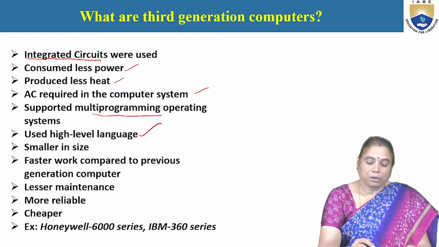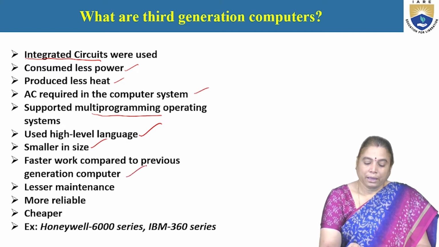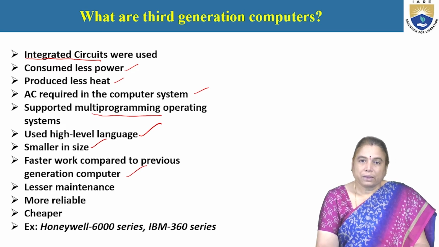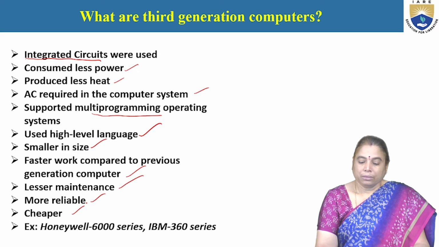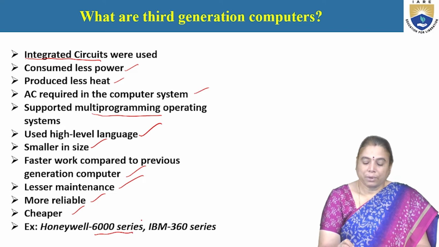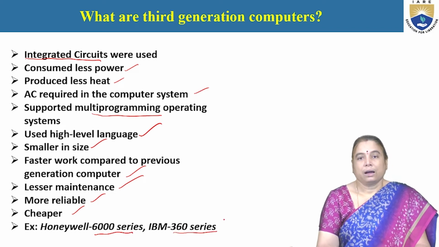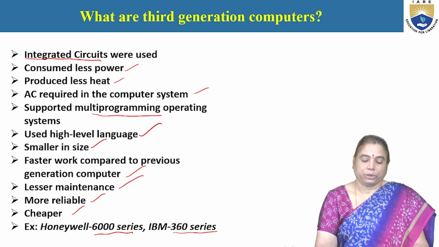The third generation computers are smaller in size, but the speed of processing is high when compared to the previous generations, and lesser maintenance is required, they are more reliable and cheaper. Honeywell 6000 series and IBM 360 series are the best examples of third generation computers.